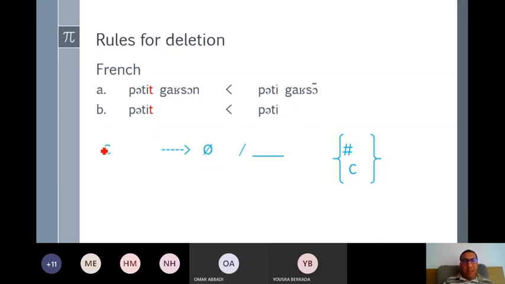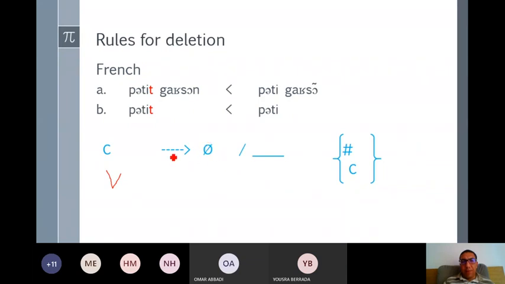What this rule says is that a consonant, by the way, we use C for consonant segments, and V for vowel segments, is deleted.